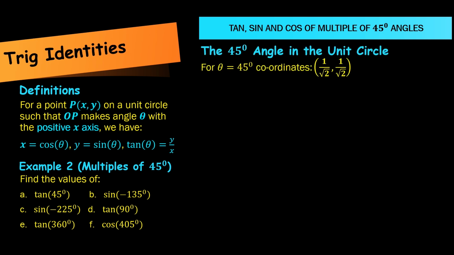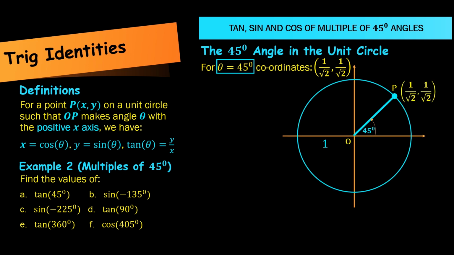We are first going to consider the 45-degree angle in the unit circle. For theta equal to 45 degrees, we have coordinates 1 over root 2, 1 over root 2, as you can see.